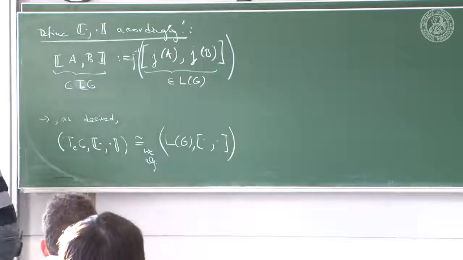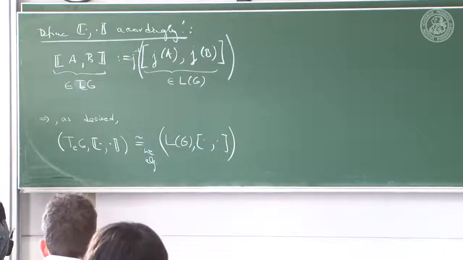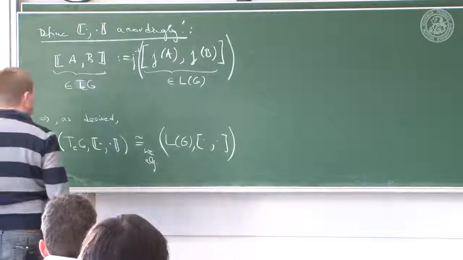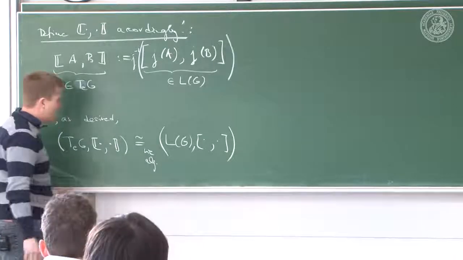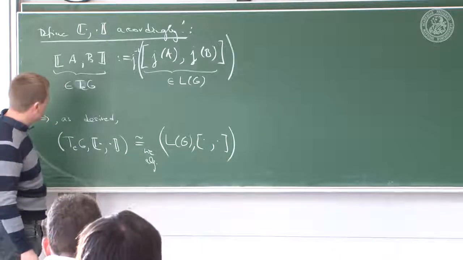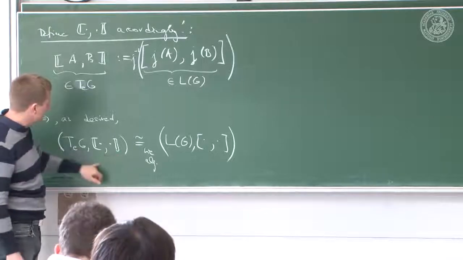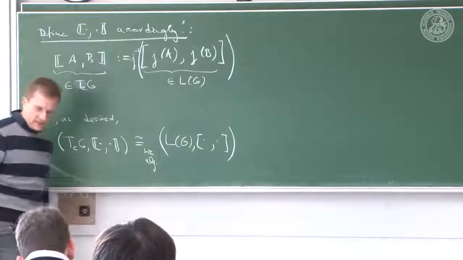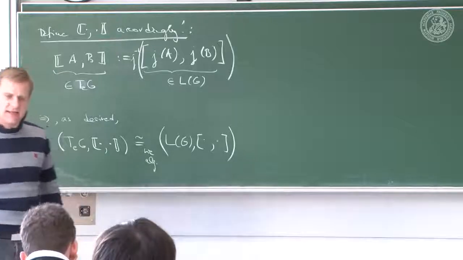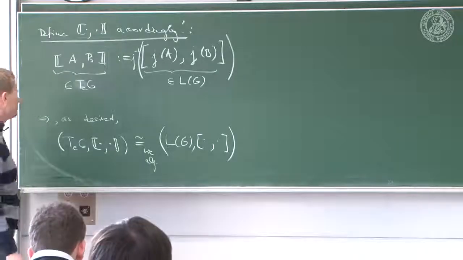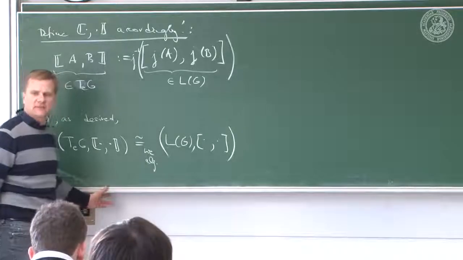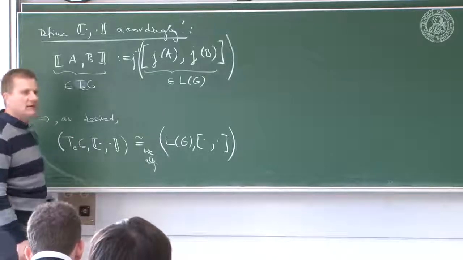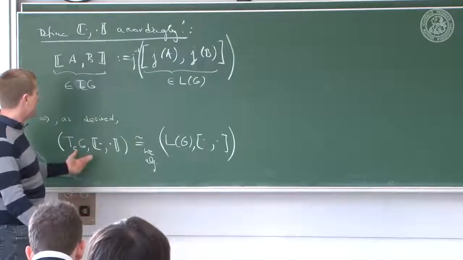Okay, so this is this thing, and so next time we'll look more closely at this Lie algebra here, and we'll define in particular something called the Killing form. But the Killing form is not a form like we defined before. It's not antisymmetric. It's symmetric. It's a symmetric bilinear map.